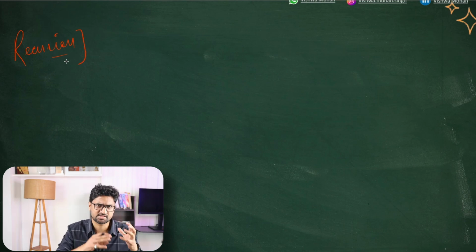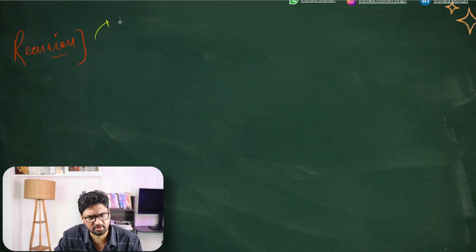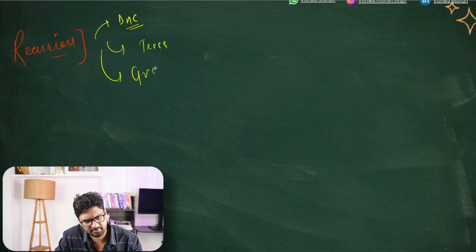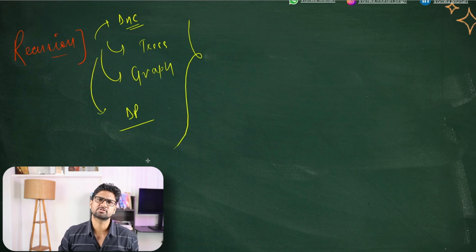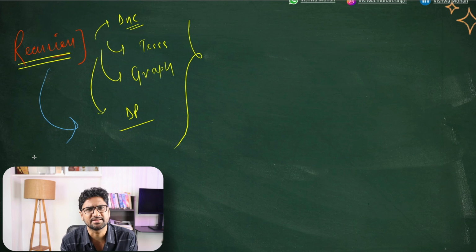As we make advances and go into advanced data structures and algorithms, like for example the divide and conquer algorithm, when we start trees, graphs, dynamic programming, these are considered to be among the most complicated concepts, the ones on which Google, Facebook, and companies like these are in the habit of asking questions. If you have a good understanding of recursion, you will be able to solve all these questions with great ease. But if not, then you will have a lot of challenges.